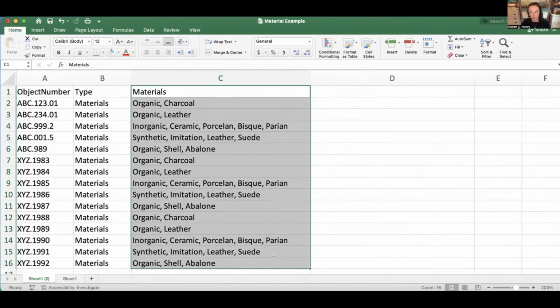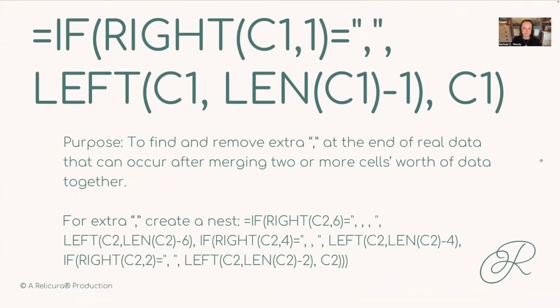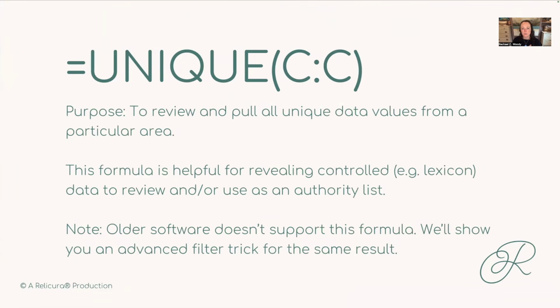We are on our last part now, so I'm going to switch back to my slide deck. Okay, for this last one, we want to check unique values. This one is incredibly helpful for being able to look at every unique version of, in this case, our lexicon, our specific little hierarchical values. It can be very helpful for any sort of lexicon you're working with or any sort of controlled or specifically formatted data like dates or extent.